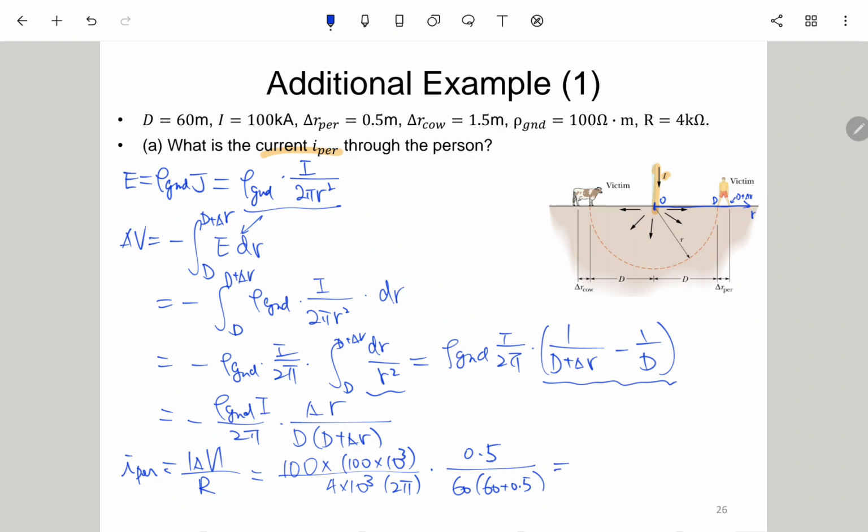Finally we find that I person is 0.0548 A, which is 54.8 milli A.